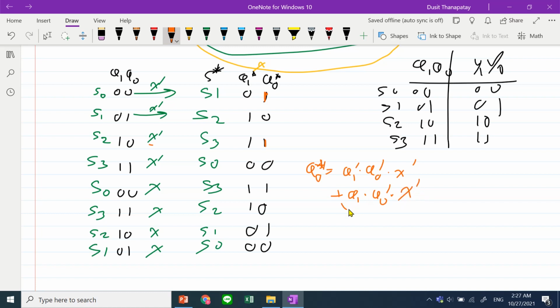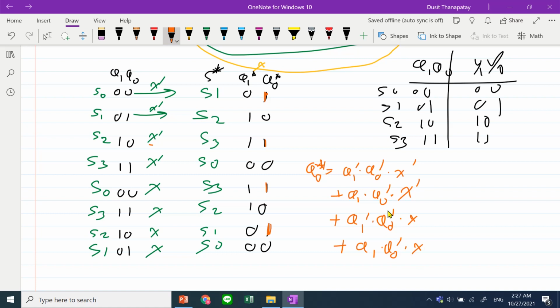State condition and input condition. And this logic 1 output is 0, 0 and the input condition is X: Q1 prime and Q0 prime and X. And this logic 1 is 1, 0, X: plus Q1 Q0 prime and X.